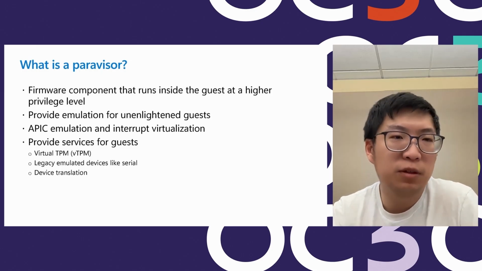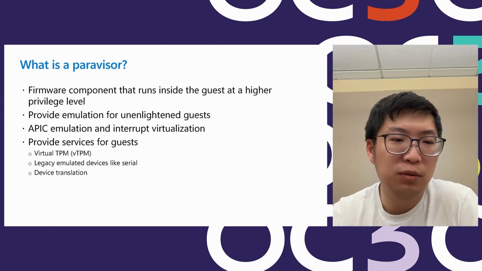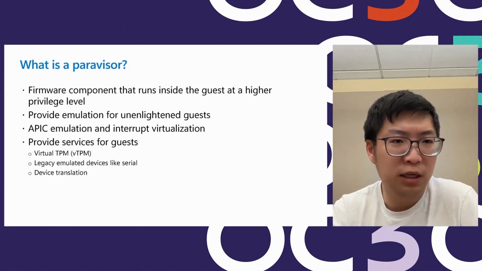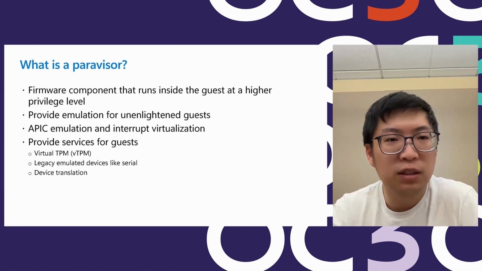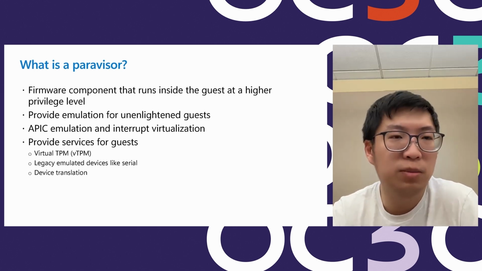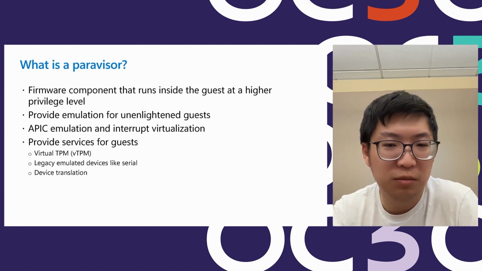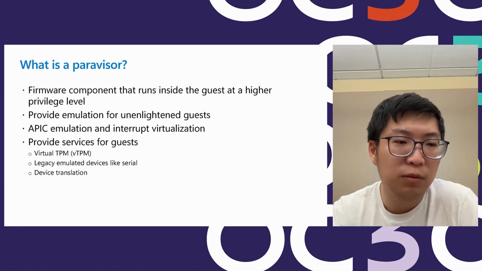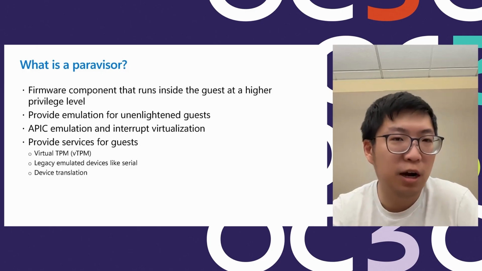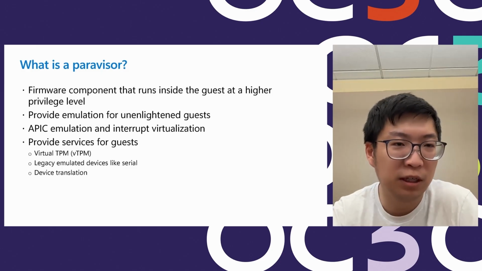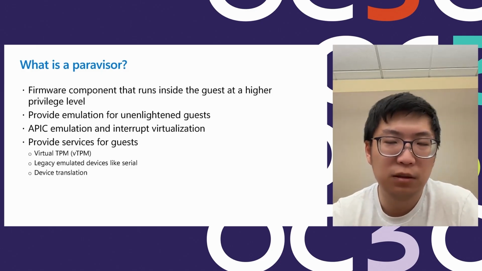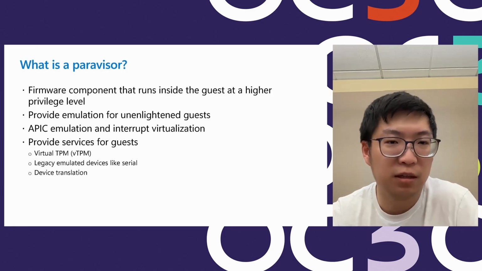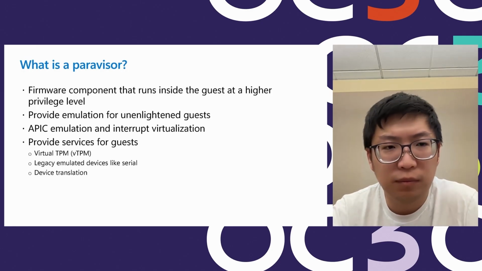This higher privilege level allows us to provide emulation for unenlightened guests, provide various services like interrupt virtualization, and also provide additional security for the guest, because you can think of the Paravisor as the root of security for the guest. It's running at a high privilege level. It has access to everything within the guest, and it can interpose itself between communications with the guest OS and the outside world.